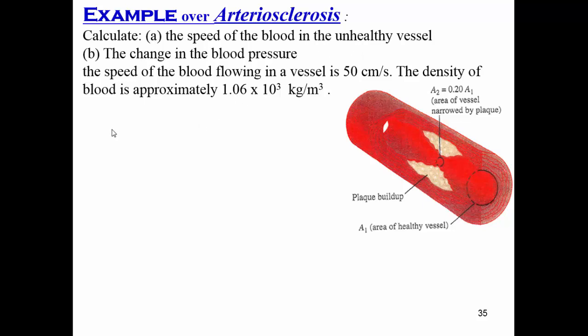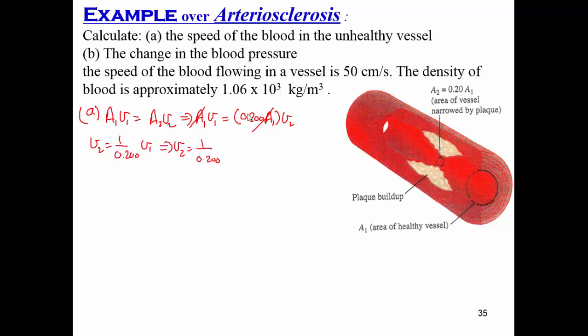So to solve the problem, since we have two unknowns, again we'll start with the continuity equation, and we can write A2 in terms of A1. A2 is 0.2 A1, or 1/5 of A1. So on the left-hand side, we have A1 V1, and on the right-hand side, we replace A2 by 0.200 A1 times V2. You can see here A1 will cancel out, and hence V2 is 1 over 0.200 times V1.